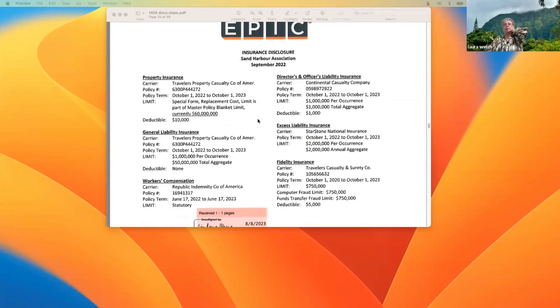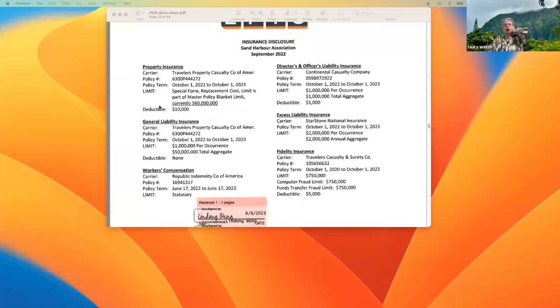This is the insurance disclosure. It tells you all of it, because there's not just one insurance policy, there are multiple: the directors and officers liability insurance for coverage for the board, excess liability, general liability, property insurance, and workers' comp, because you have people working for the HOA, so they have to be covered.